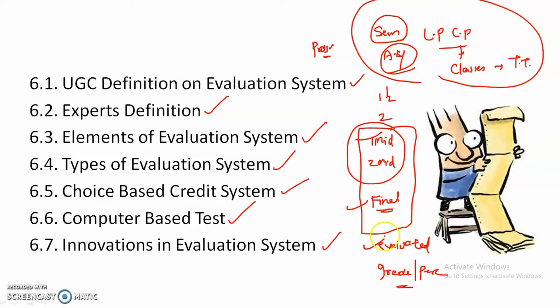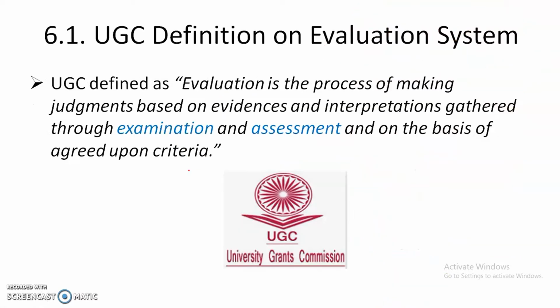Different universities follow different methods, providing grading systems, percentage, marks, or CGPA. This entire process comes under the evaluation system, and this is exactly what this complete 6th topic revolves around.